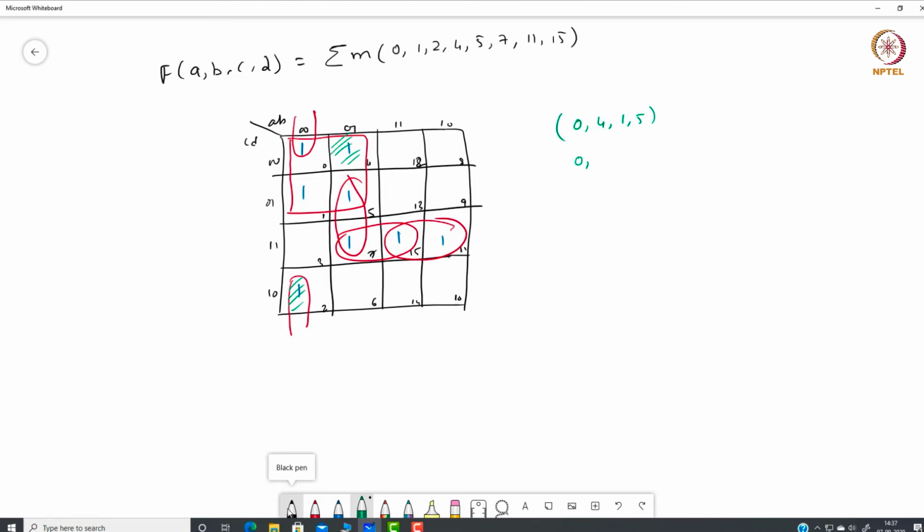So 0 and 2 is also another essential prime implicant, and this is also covered by only one prime implicant. So 11 and 15 form another essential prime implicant. So these are the three essential prime implicants.